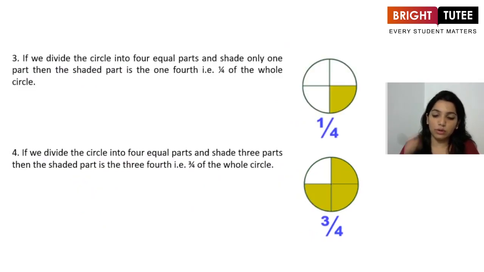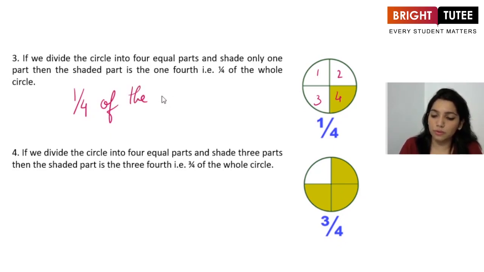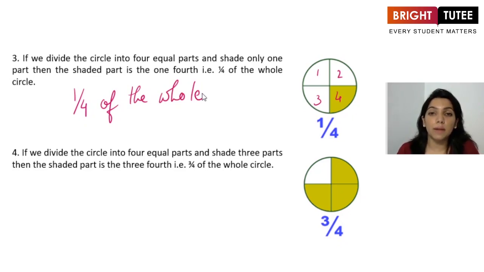Now look at the third image. Here, if we divide the circle into 4 equal parts, look into the image, you see 1, 2, 3 and 4 equal parts. Out of these 4 parts, how many do you see shaded? We see 1 shaded. So it is 1/4 of the whole. It is 1/4 of the complete circle, right?